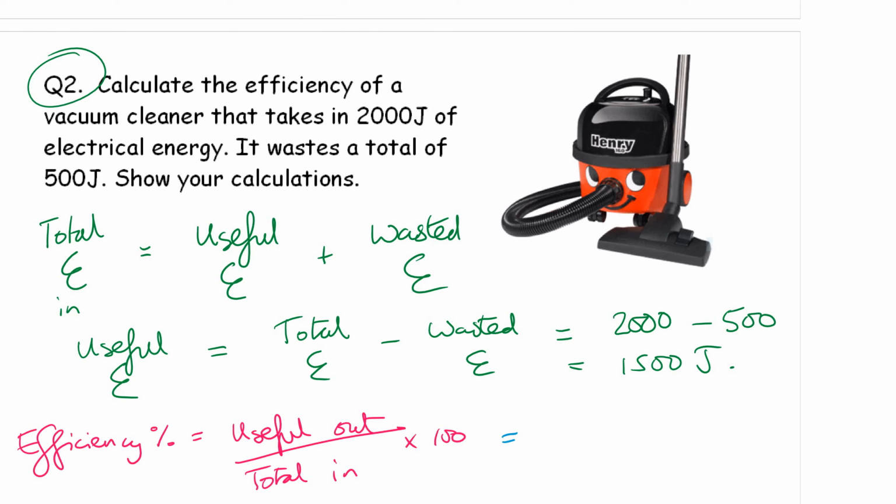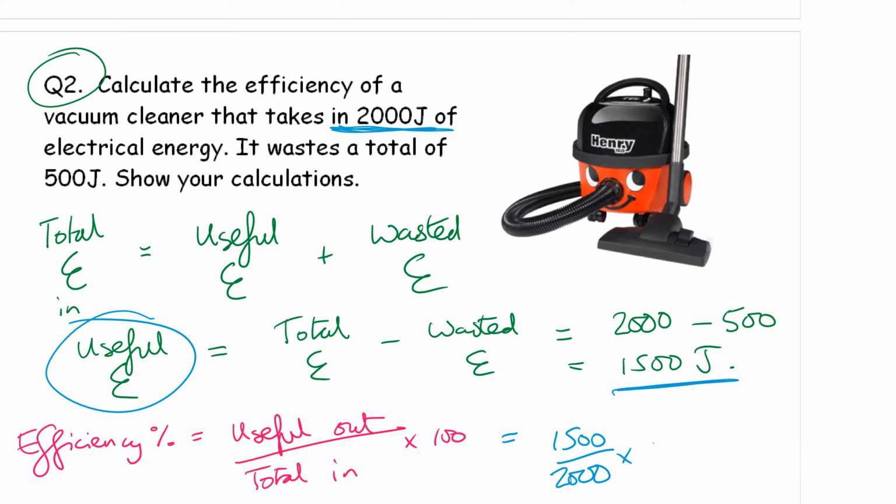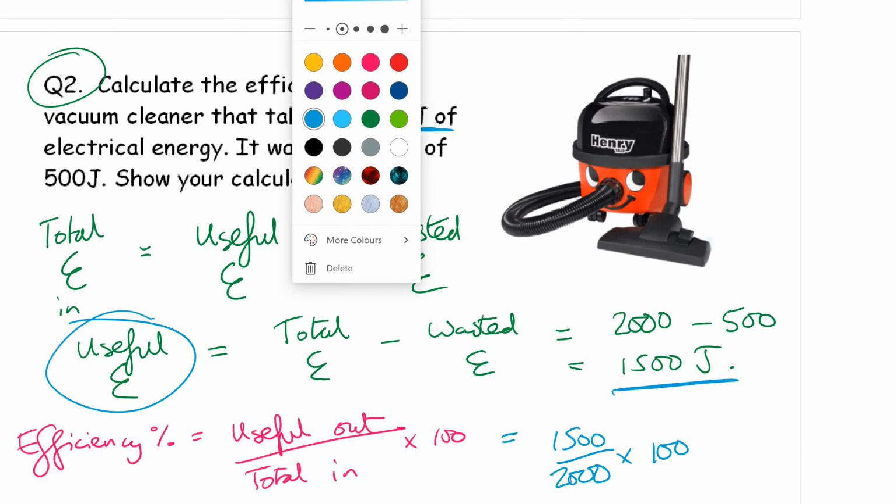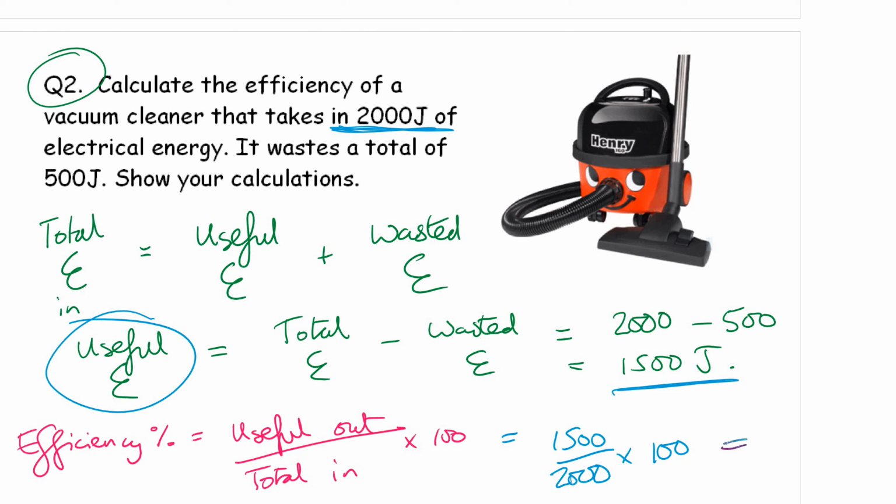The useful energy, 1500, divided by the total energy in, 2,000 joules, multiplied by 100 to get a percentage, and then we're going to get our answer. And our answer is 1500 divided by 2000 equals 0.75 times by 100 gives us an efficiency of 75%. Difficult question. That is GCSE standard, that is.